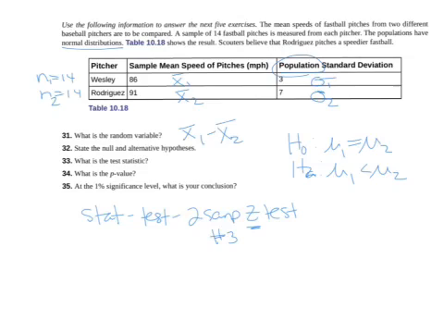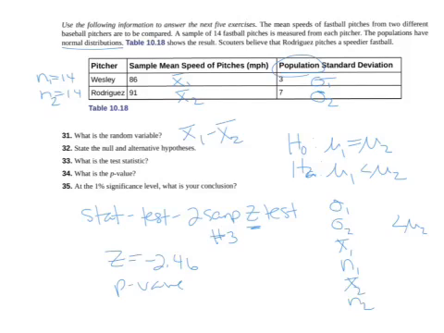And when you're entering in this information, just be careful because it's going to ask for your 2 population standard deviations first, but then it asks for your sample mean of the first one, your sample size of the first one, then your sample mean of the second one, and your sample size. So make sure you put them in the right order. This is going to be a less than problem, and then if I calculate this, I end up getting negative 2.46 with a p-value of 0.007.